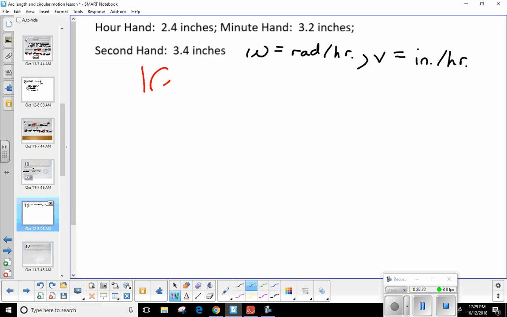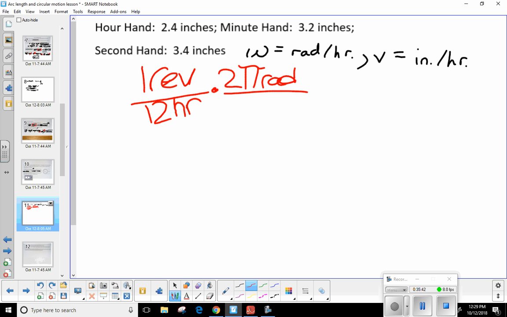Okay, so we're going to start out. So one revolution takes 12 hours for that small hour hand to go all the way back around. Okay, good. Times the 2 pi radians in one revolution. Okay. All right. And we did want it in radians per hour.